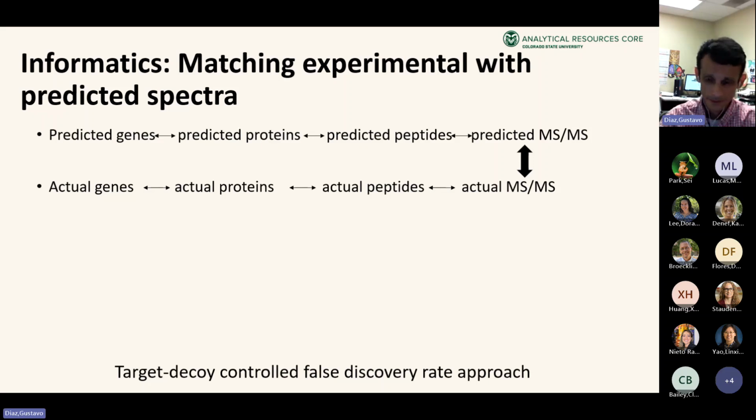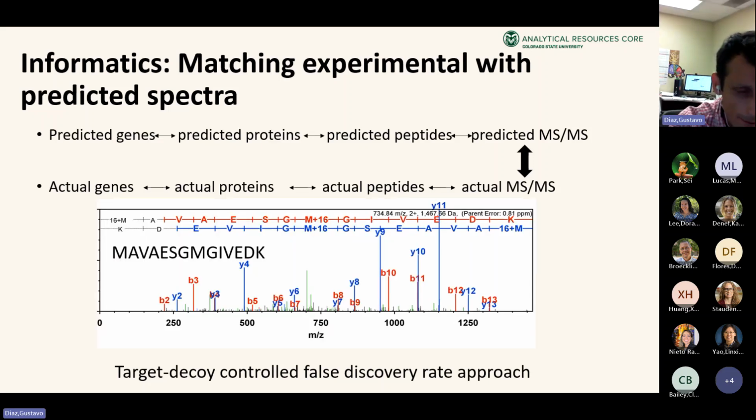This is an example here: the distance in an MS2 from one peak to the other peak is equal to the mass of an amino acid, so we're able to predict the amino acid sequence. And then the amino acid sequence is rolled up into a protein, and the protein to the actual gene that will give us information related to function and taxonomy.